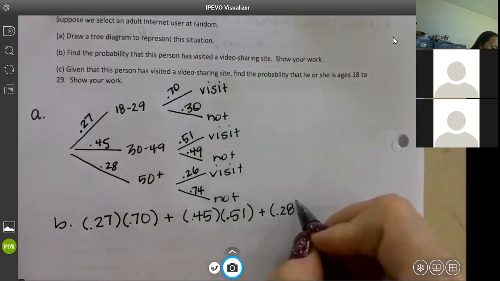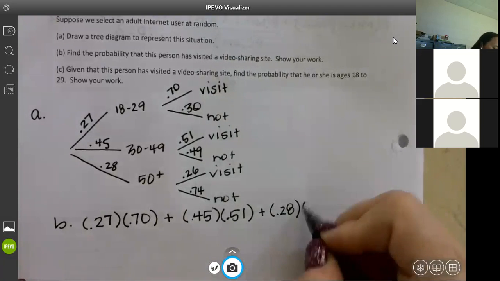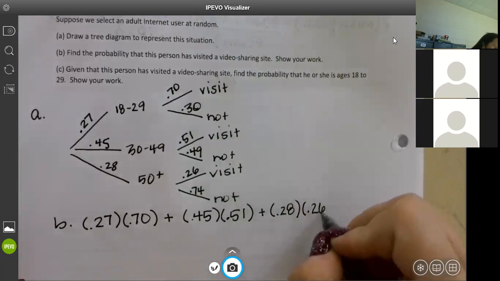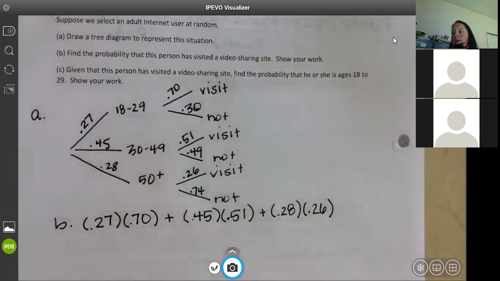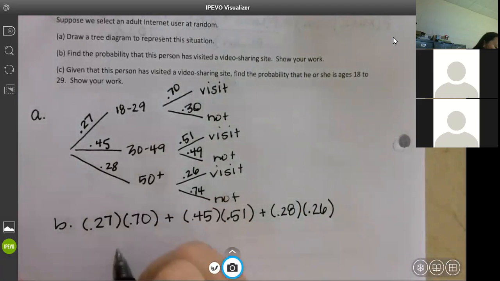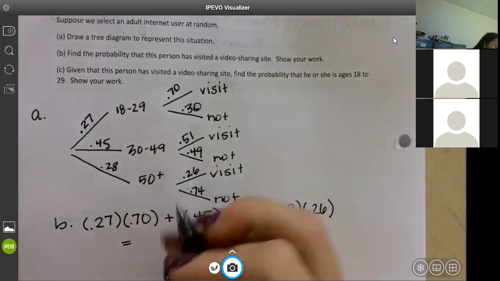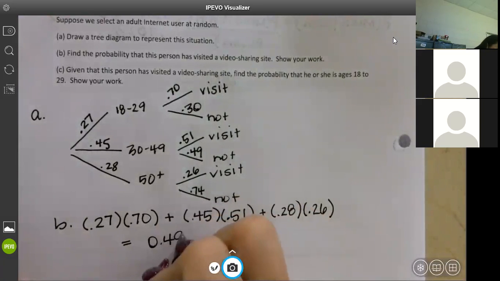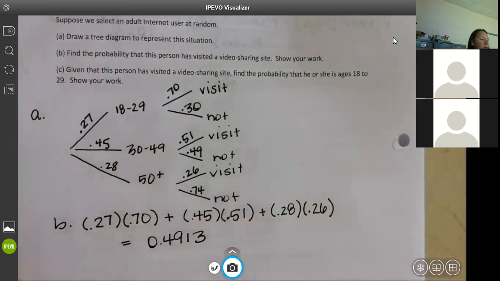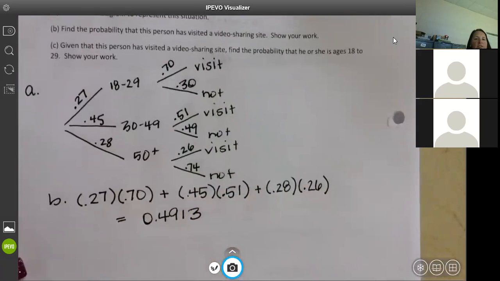Then we have 28% that are 50 plus, and 26% of those visit a site. You put that all together, guys, you will be doing this on your test. And you get 0.4913. Interpret that for me.